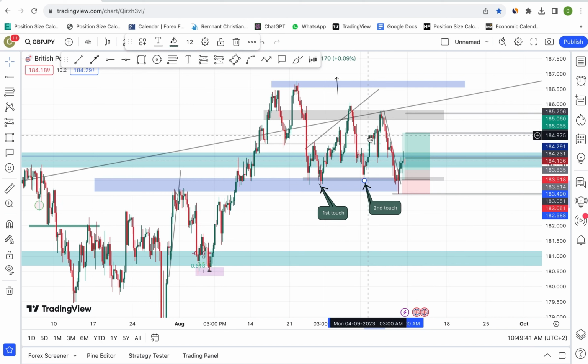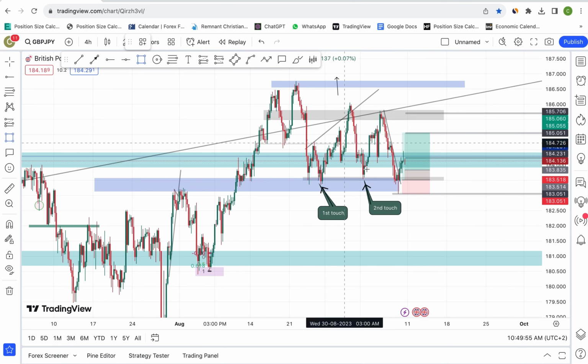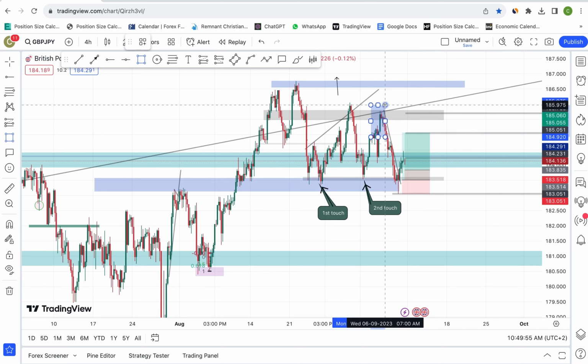You may not want to risk taking a trade from here to this area, because that's where it stopped in the first touch. You want to take a trade that stops where it stopped in the first touch. So you don't want to risk it.